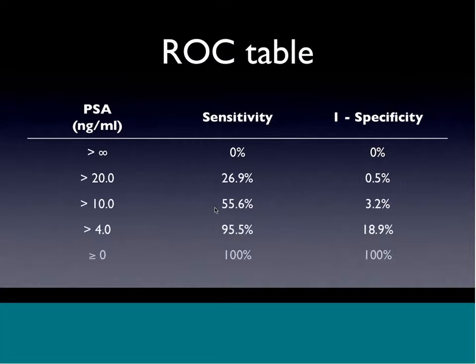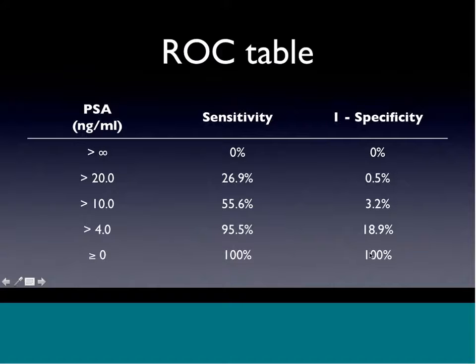So from those results, we can build an ROC table. So these are the sensitivities and 1 minus specificity that we calculated before for the different cutoffs. That's all I did. So infinite, 0 sensitivity, 0 specificity. Now this is an increasing sensitivity to 100% when you get to a cutoff of 0.